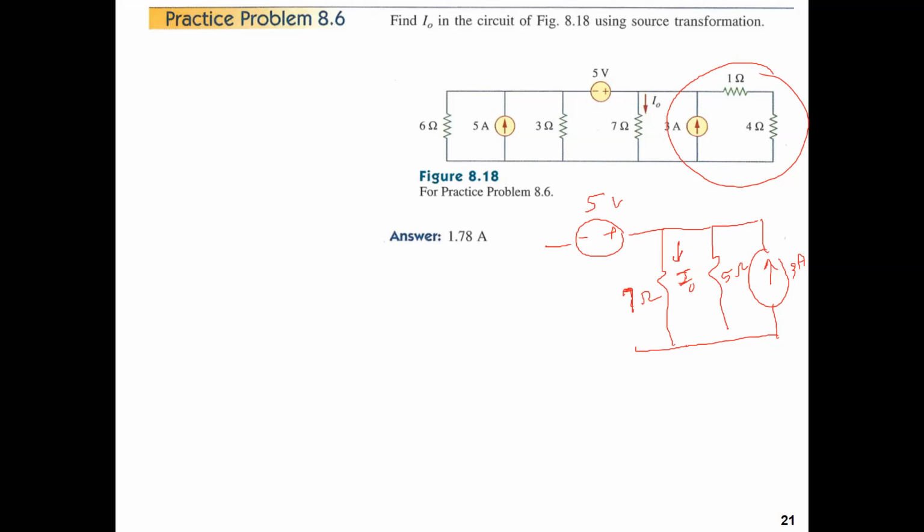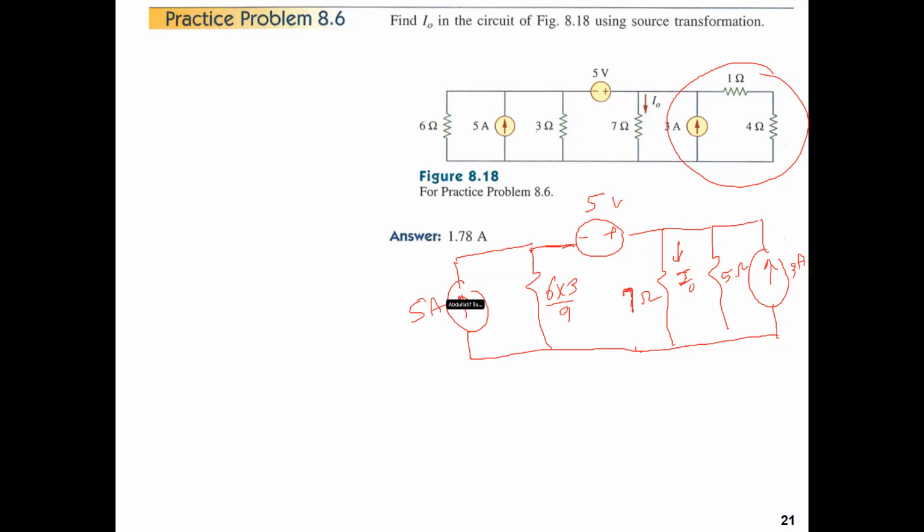And in order to do that, I need to convert the current source, which is a 3 and 6 are combined as one resistor, into a voltage source, and then convert this back to current source. So let's do this step here. We have the resistor combined of the 6 and 3 divided by 9, and we have 5 amps.